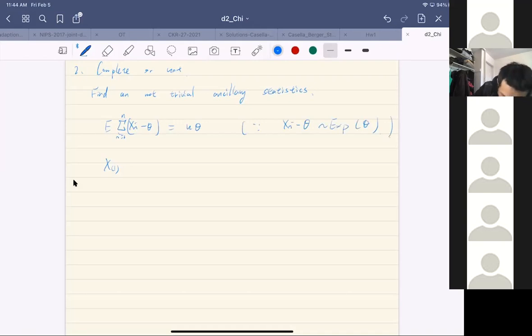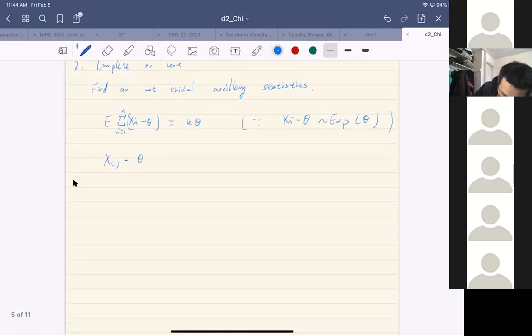And also S1, the minimum one, follows exponential theta over n.